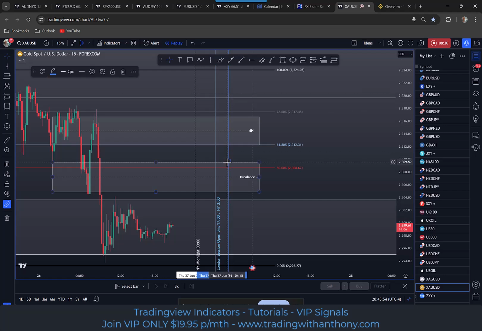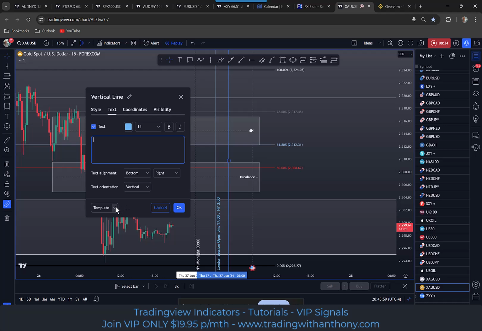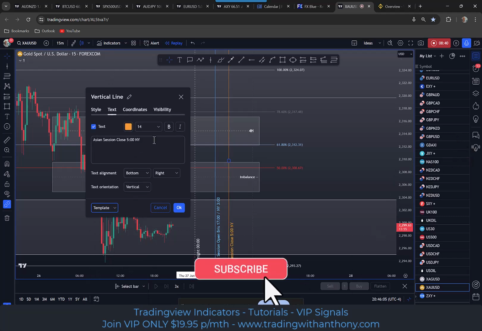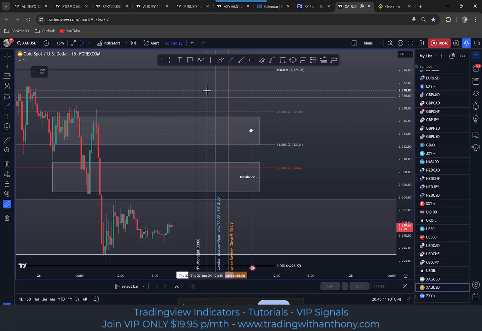This is really simple stuff, guys. It's just we're looking for an opportunity into two times: the London Open and the New York Open. Okay, Asia close is important because you want to watch how this trades as we approach the London Open through to the Asia close.